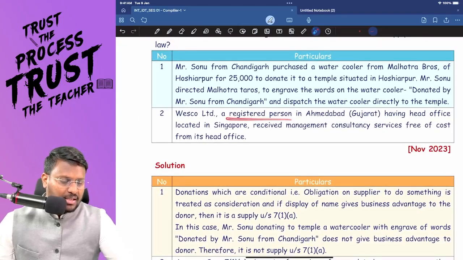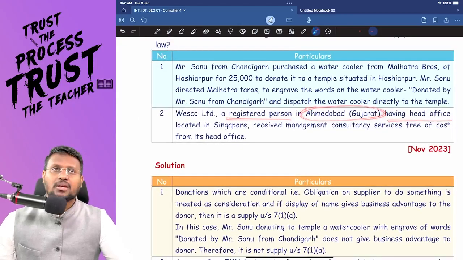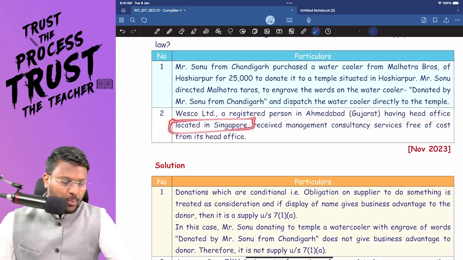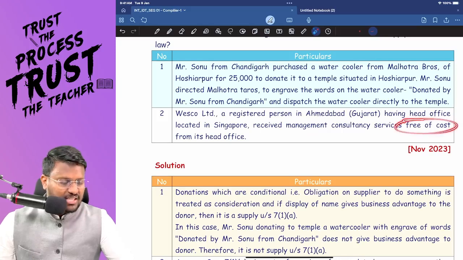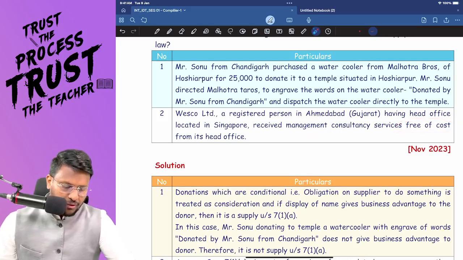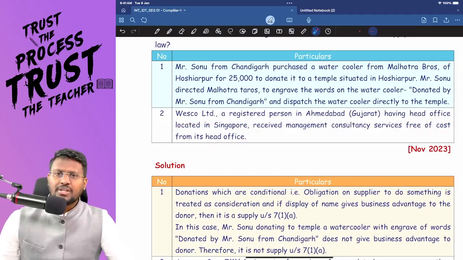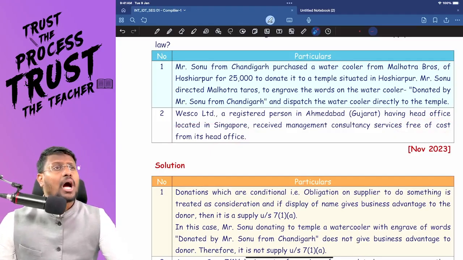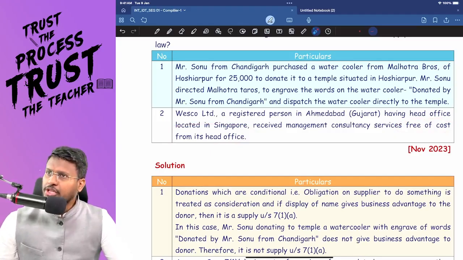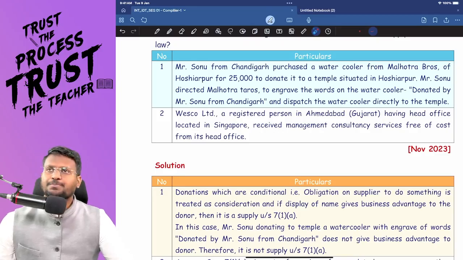Vesco Limited, a registered person in Ahmedabad, Gujarat, having its head office located in Singapore, received management consultancy services free of cost from its head office. We know that head office and branch are distinct persons or related persons, right? Yes, sir.